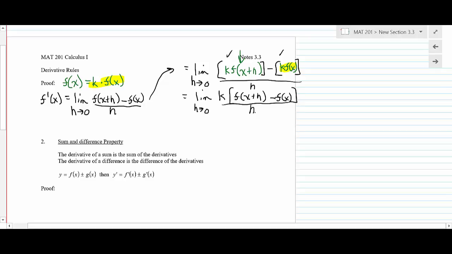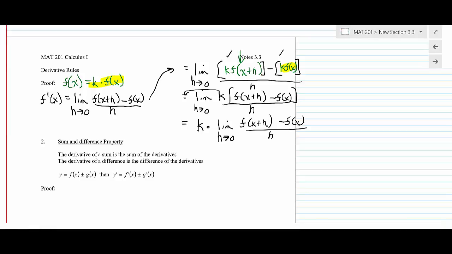That's just algebra. Now remember, in the limit laws, we learned this basic thing: if you have a constant in a limit, what could you do with the constant? Pull it out of the limit. So then you could write the next step as k times the limit as h goes to 0 of f of x plus h minus f of x over h, and then we're done.